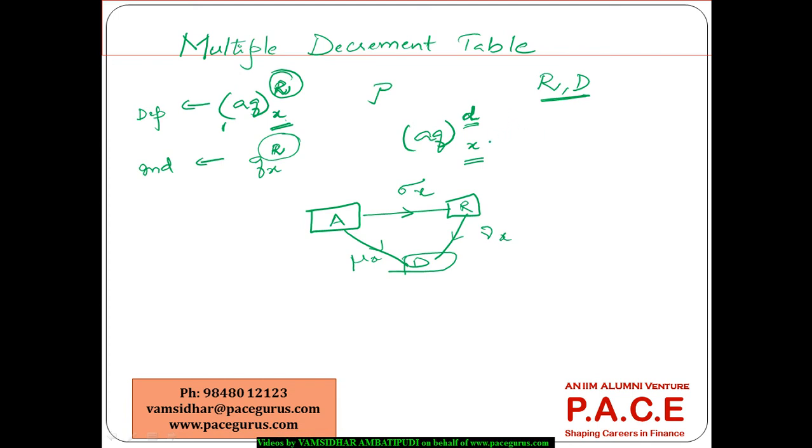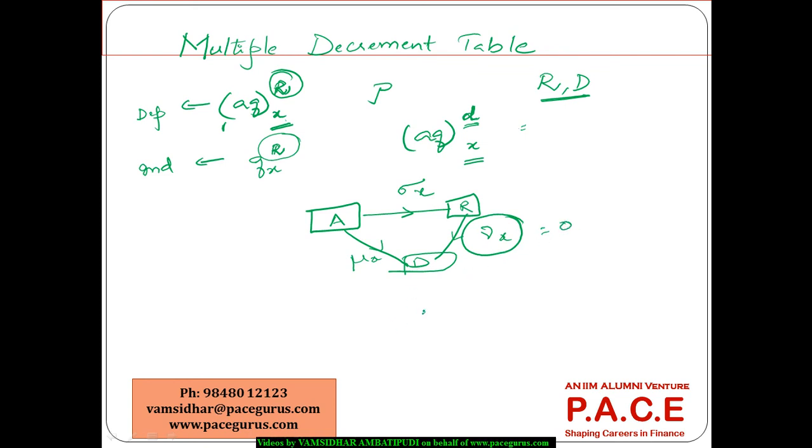Now, if I am saying A Q X D, the probability of a person of age X who is currently in an active state, within a year, via the decrement of death, is the same as the probability of death in one year's time, if I assume that this transition is 0.